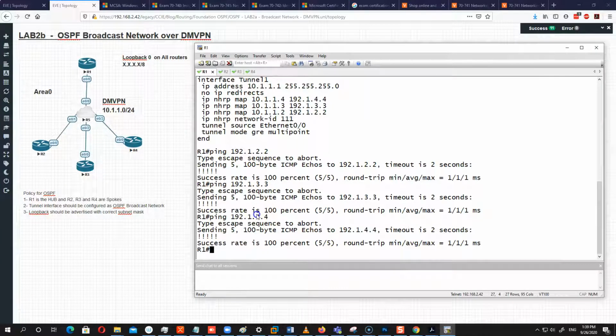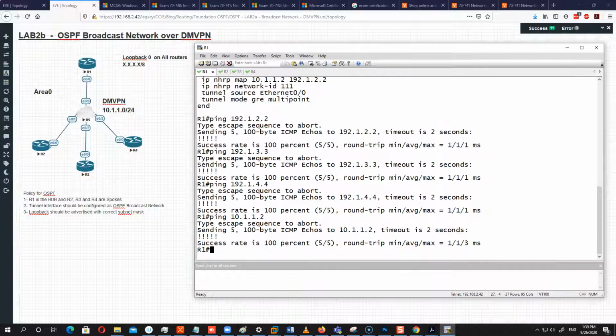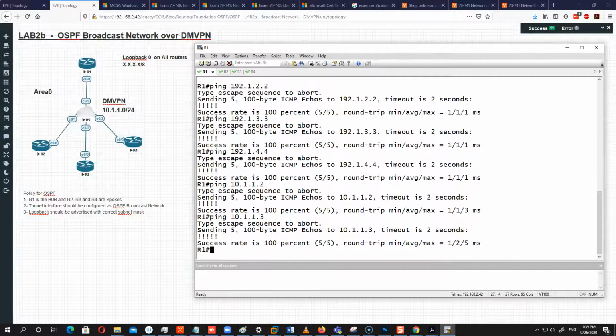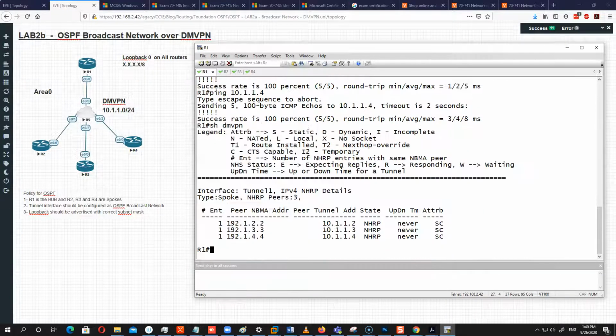Okay, so we have this issue. Then we need to verify that our tunnel is up, right? So let's ping the tunnel IP, which is 10.1.1.2. We can ping 2, we can ping 3, we can ping 4. So we can ping the tunnel IP as well. Let's see what we have in DMVPN, because that's a static mapping.